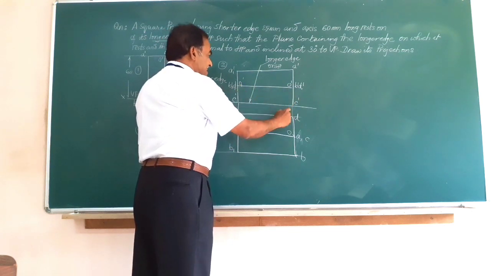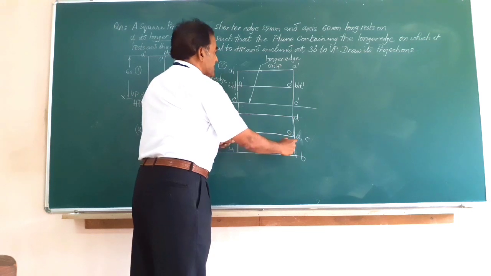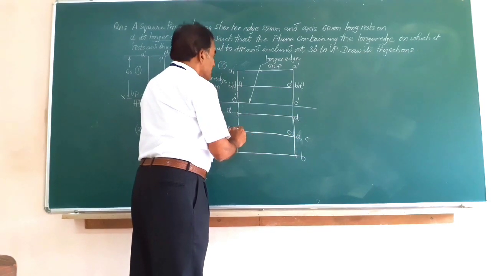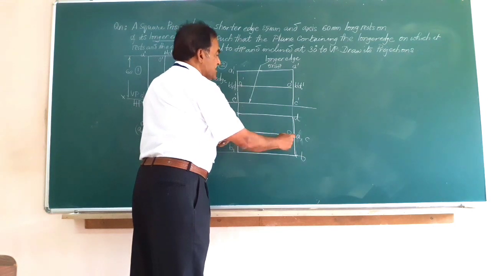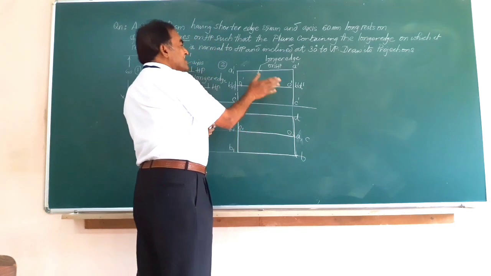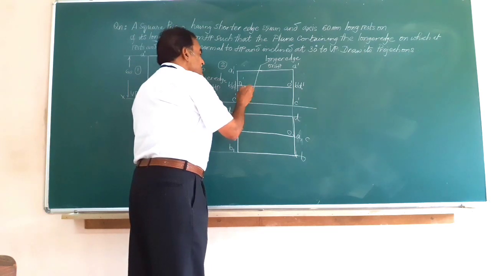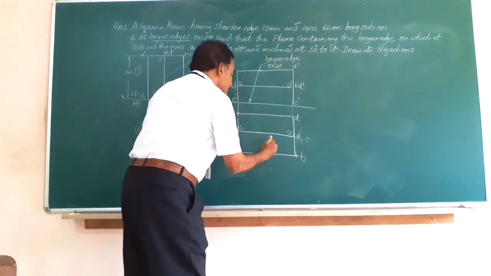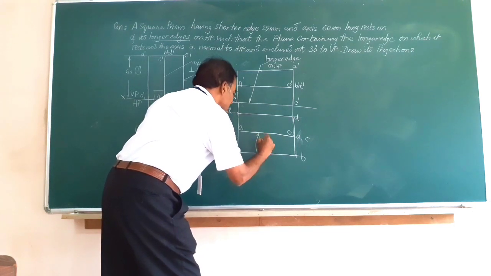So this plane is seen as a line here as O1, C1, C. Here you can observe the plane represented by this rectangle is seen as a line in the top view.